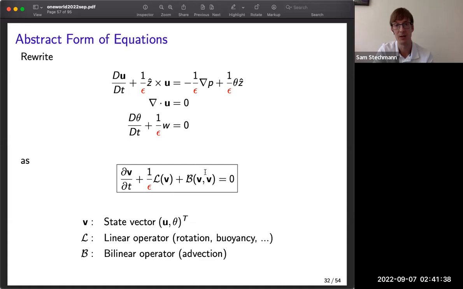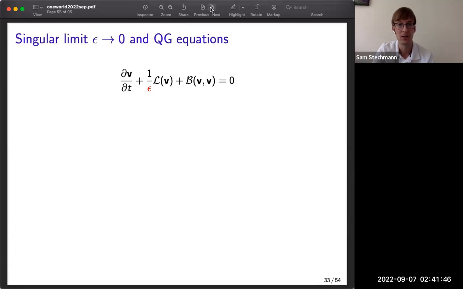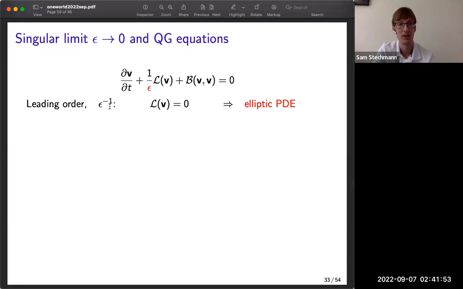And then there's a bilinear or quadratic nonlinear operator from advection. To then think about the singular limit, we're just doing an expansion as epsilon goes to 0. To leading order, everything is in balance from the linear operator, and this is what leads to an elliptic PDE.